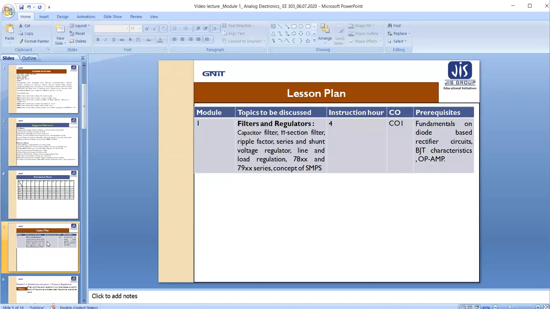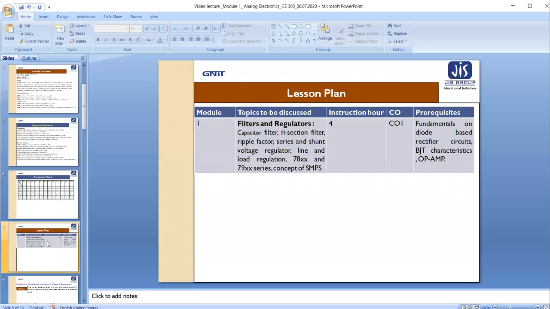Next, we will go to the lesson plan of this analog electronics. First, we will discuss module 1. In module 1, the topics to be discussed are filters and regulators. In filters and regulators, the subtopics are capacitor filter, pi section filter, ripple factor, series and shunt voltage regulator, line and load regulation, 78XX and 79XX series, concept of SMPS.